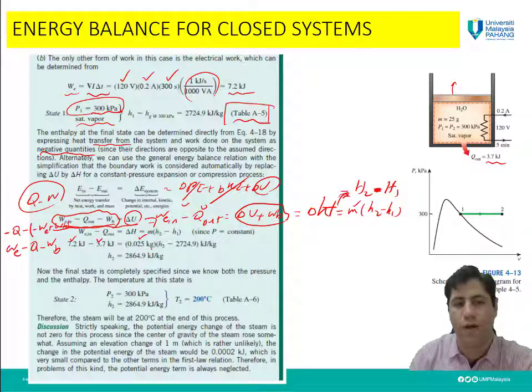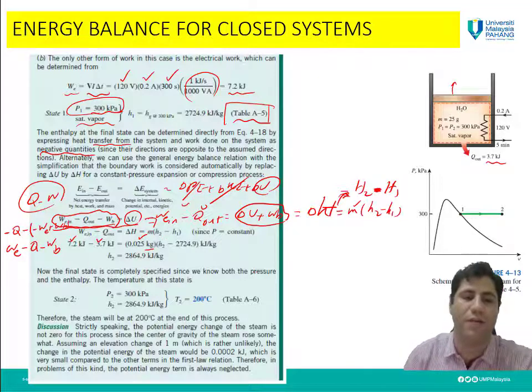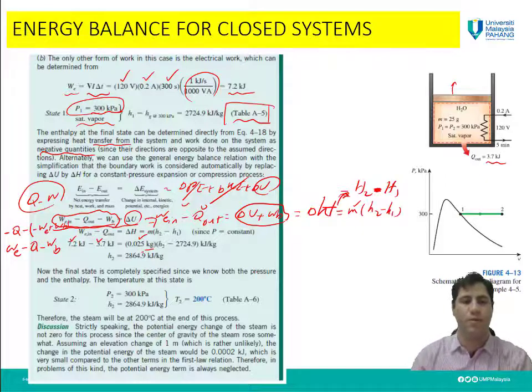We need to convert it to kilogram from gram. 25 gram converted to kilogram would be 0.025 kilogram times h2, which we don't have, and we have h1 as well from the table, which we have already found. Then according to this equation we can find h2.